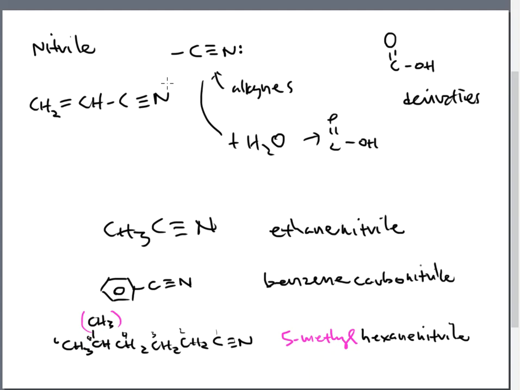What's your longest carbon chain? 3. And what do you call a 3-carbon chain? A prop. All right. So this is a propane, right? No, no, no. It's not a propane. There's a double bond in here. This is carbon 1, this is carbon 2, and this is carbon 3. So instead of a propane, this is a double bond, which means that it's a propene.